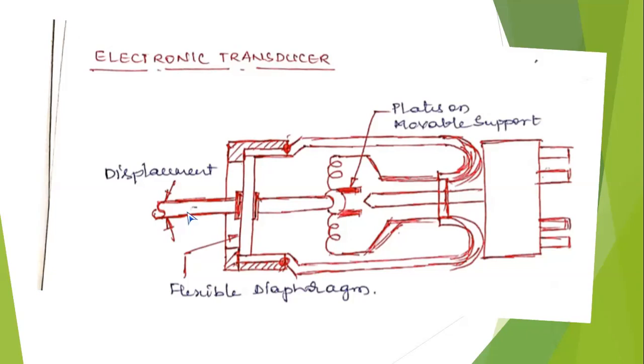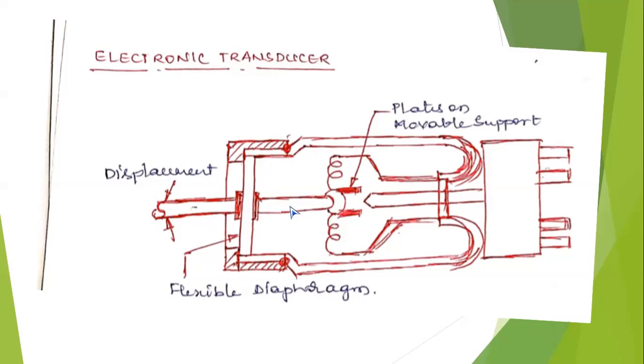This is the outside plunger, and this is the inside plunger. In between these two, there will be a flexible diaphragm. This flexible diaphragm, you can call it the transducer.